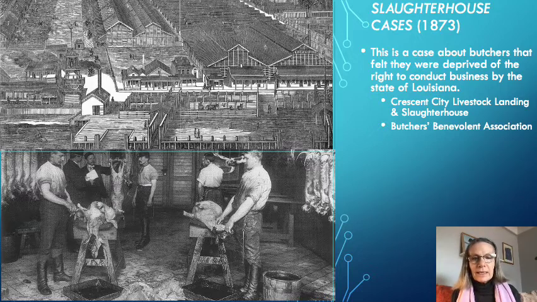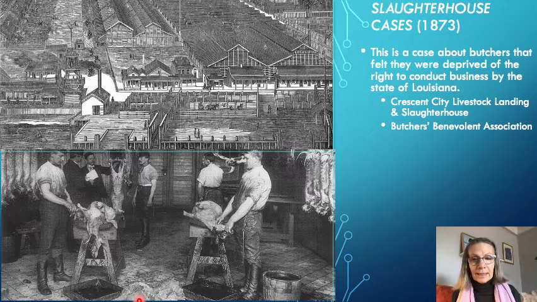They basically said that this is the only corporation, it was a monopoly, that can actually slaughter animals. Nobody else can slaughter animals anymore, okay? On the top there is a picture of the Crescent City Livestock Landing and Slaughterhouse. It was a huge operation, but it was a monopoly, and the thinking is that if you just had one corporation dealing with it, they could reduce the waste that got into the rivers.